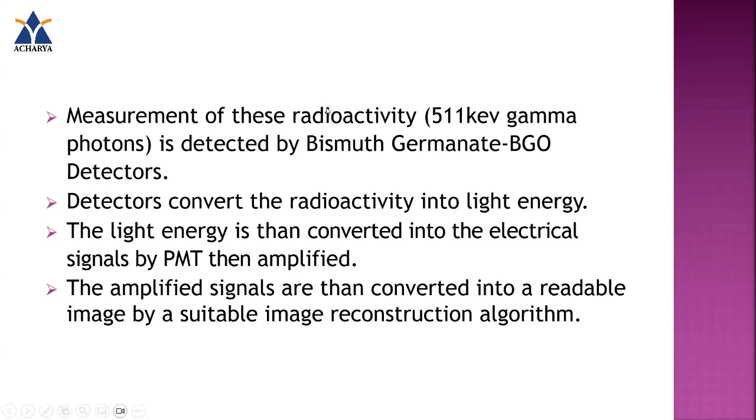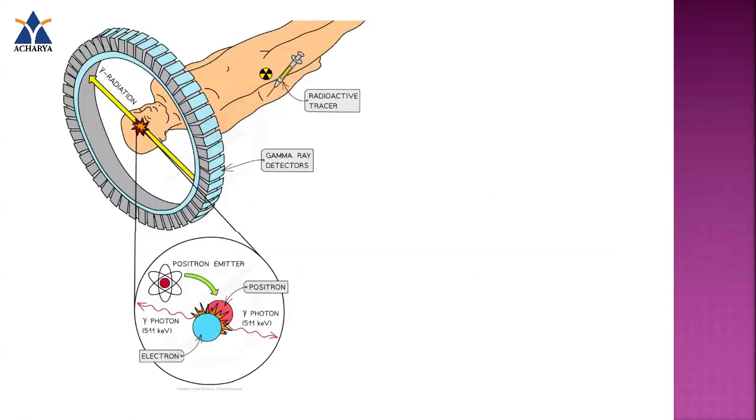These detectors convert the radioactivity into light energy. This light energy is then converted into electrical signals by the photomultiplier. These signals are amplified and reconstructed to give a clear image of the metabolic activity. So this is what is happening inside the PET.